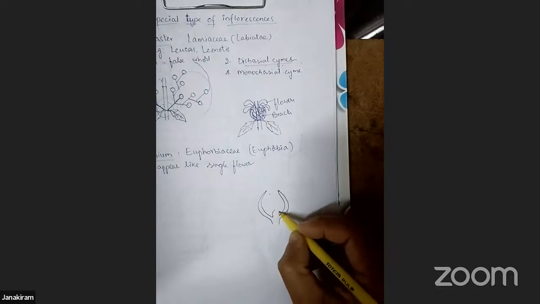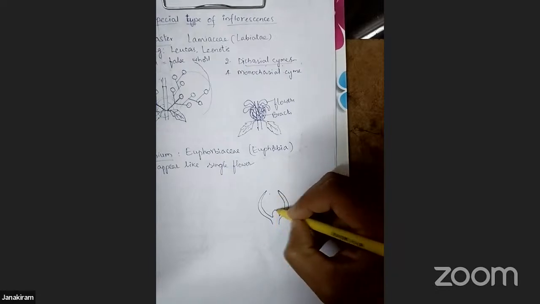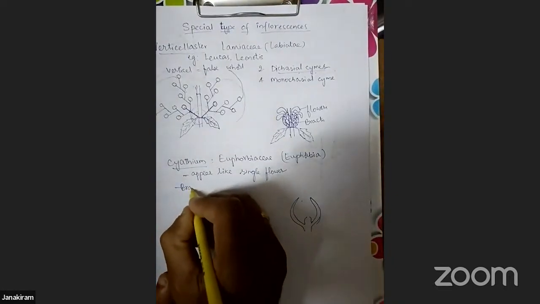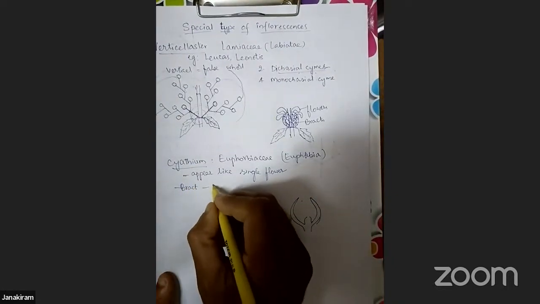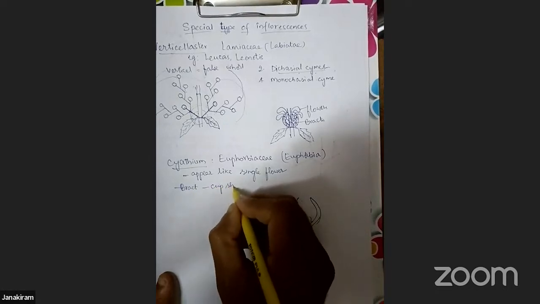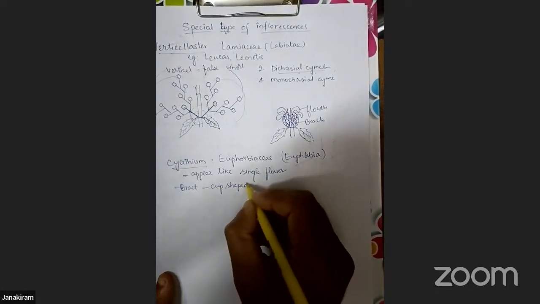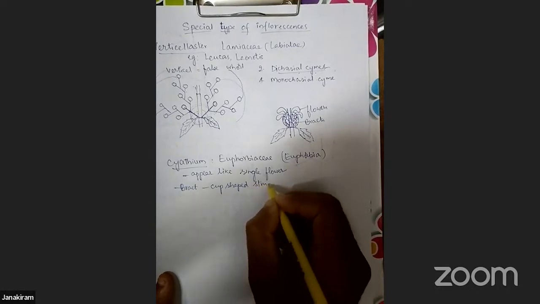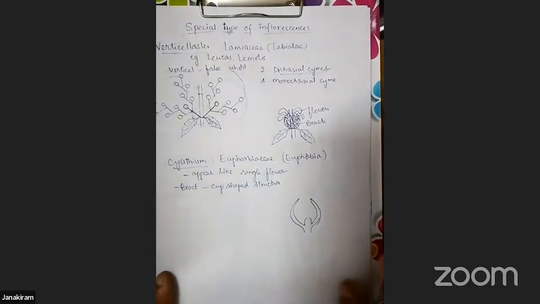This cup-like structure is formed because of the bract. So the bract forms into a cup-shaped structure, and in this cup-shaped structure, the flowers are arranged.